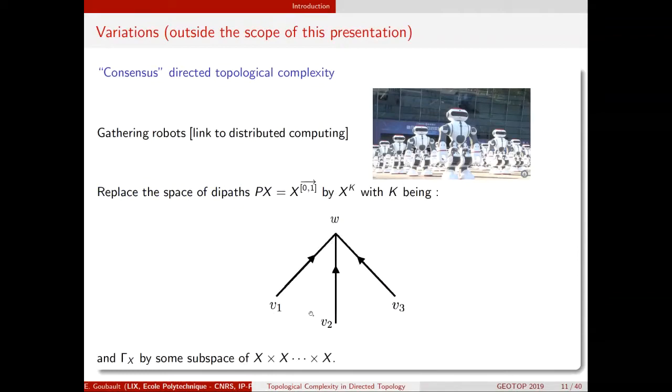And if you think about what you're going to study as sections of Px into some subspace of here 3 copies of X, it's just that 4 copies of X because you have W, so you have to take into account. A section is going to encode the fact that you want to make these 3 robots, 1, 2, and 3, gather onto a unique point W. Okay, so you can also ask yourself, is it complex to make gather a certain number of robots together? And it's going to be a topological problem again.